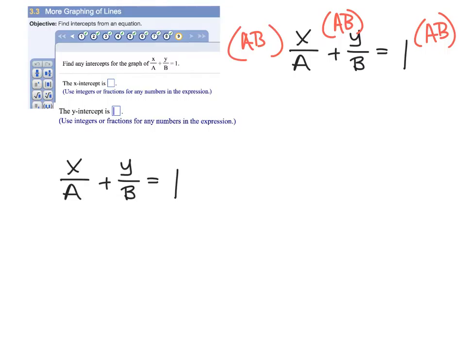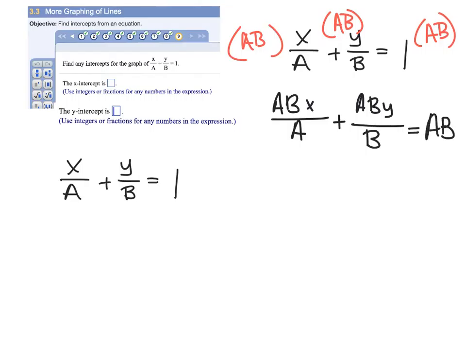Well, first we're going to end up with abx over a plus aby over b is equal to ab.